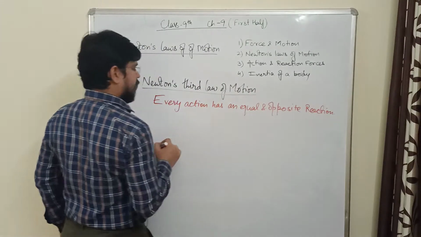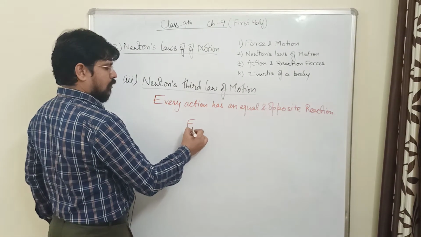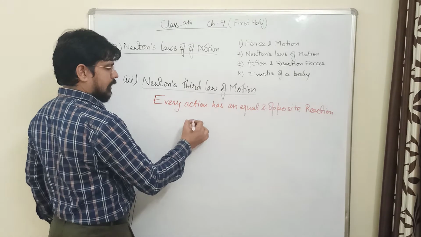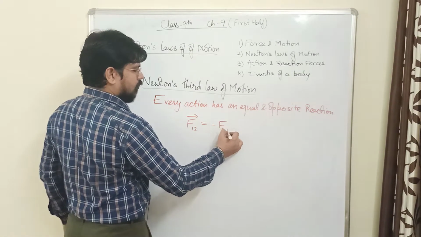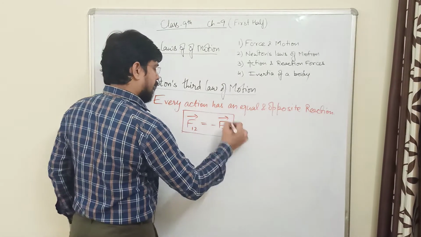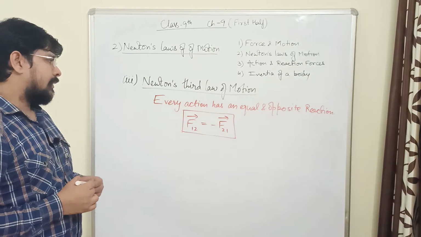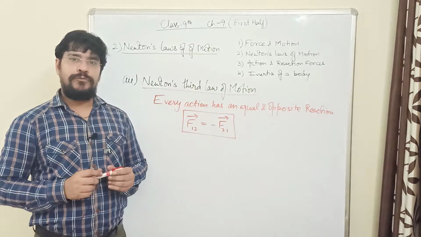So a very simple definition, and it says the force on one object due to a second object is exactly equal and opposite to the force on the second object due to the first object. So you can write Newton's third law of motion in equation form like this, and there are so many examples of Newton's third law of motion.